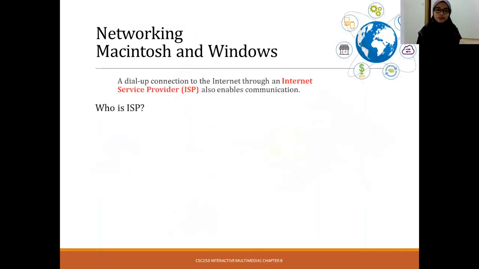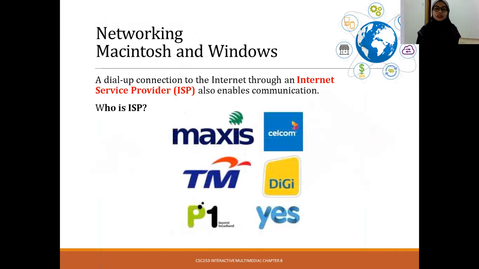And then the dial-up connection to the internet through an ISP. ISP is Internet Service Provider, which also enables communication. So if you want to use the internet, you need to go through an ISP.